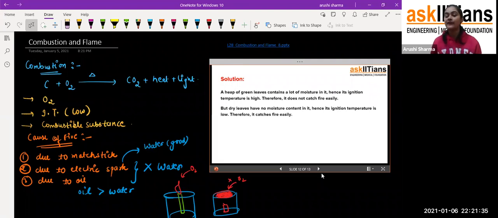If the wood is wet, it will not catch fire easily, because the water present in it will increase its ignition temperature. For example, when we were discussing how to control fire, we came to know that we can use water, because water changes the ignition temperature, so that the fire can be controlled. Okay, so that's the point, students.